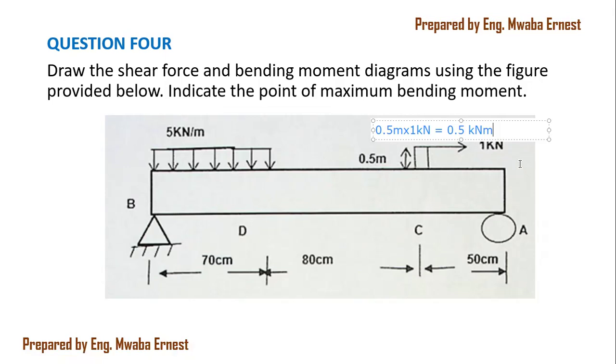The 0.5 kilonewton meters is a floating moment; rather, it's a moment that acts at point C on its own, and it will definitely be considered. So 0.5 kilonewton meters is the one we're going to put there. The rest we deal with one by one. So let's redraw now to include this moment acting at C.